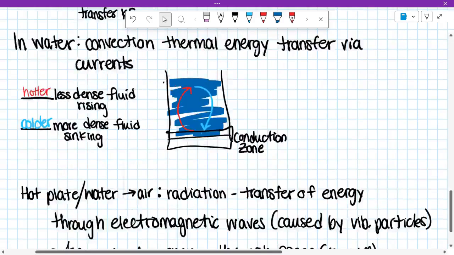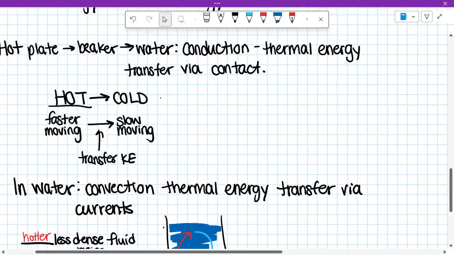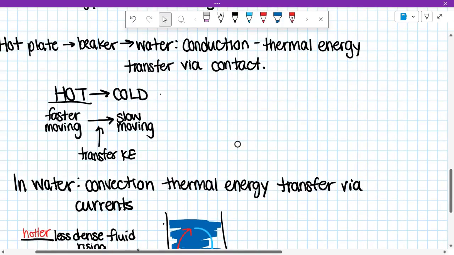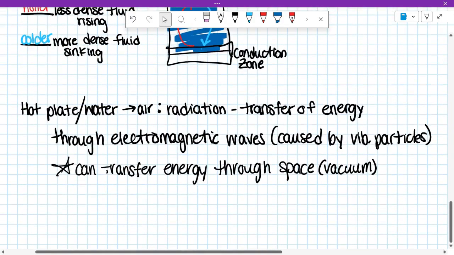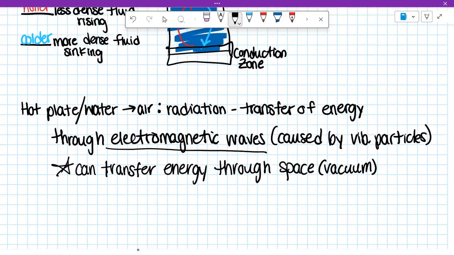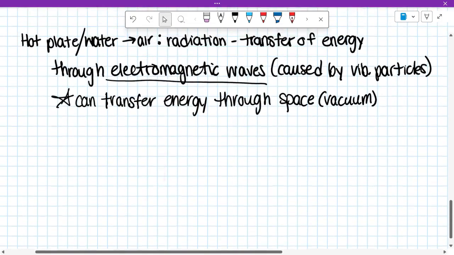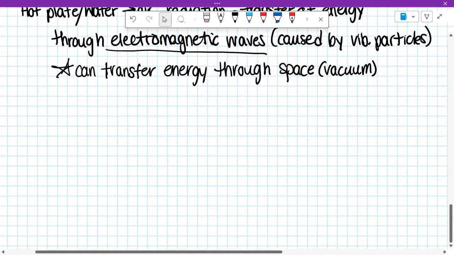Okay. The other two forms of energy transfer, they require matter to be present in order to transfer the energy. Right? Radiation does not require matter to transfer the energy. The energy is transferred via waves. We're going to talk about waves more later, but waves transfer energy, not matter. Okay. So let's think about the microscopic level.